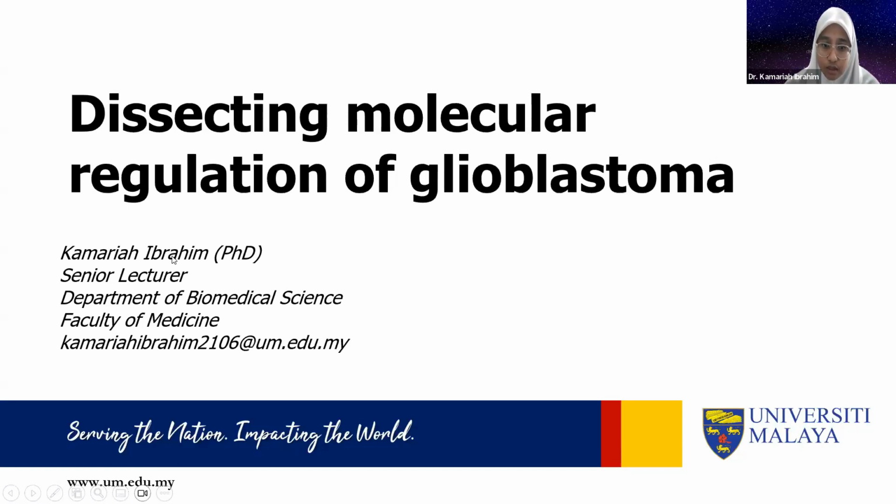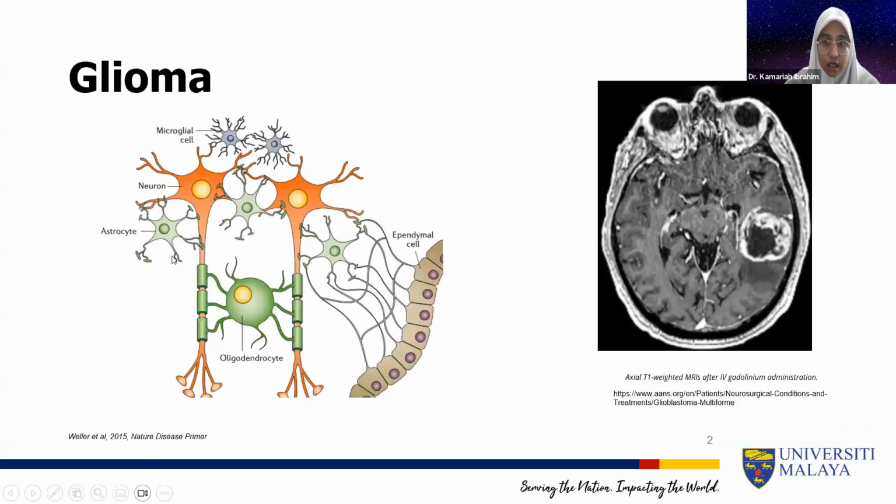I'm sure most of you know about glioma. It's a benign or malignant brain and spinal cord tumor which can come from glial cells, whether astrocytes, oligodendrocytes, or ependymal cells.